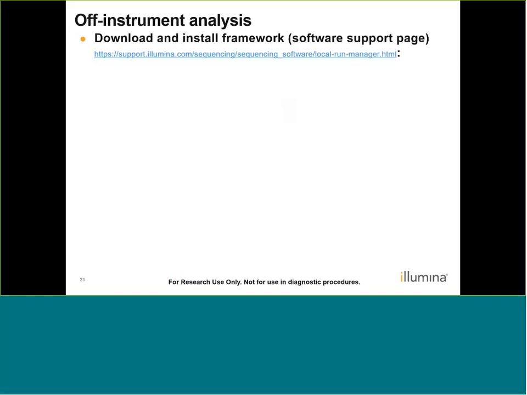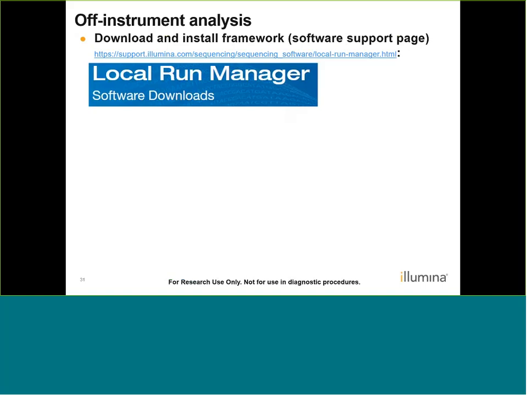If you want to install Local Run Manager off-instrument, just go to our support site and you can download the installers from there. As mentioned, there are a couple different off-instrument versions, so you want to make sure that you install the version 2 installer. This will install the framework for Local Run Manager.